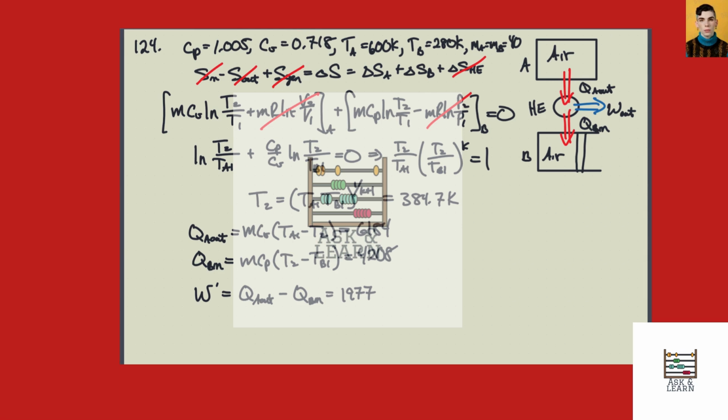So if we look at the entropy equation, again we're assuming there's no change in entropy in the heat engine. This is kind of an ideal heat engine. Again, we're looking for the maximum, so we're assuming that this is ideal also.